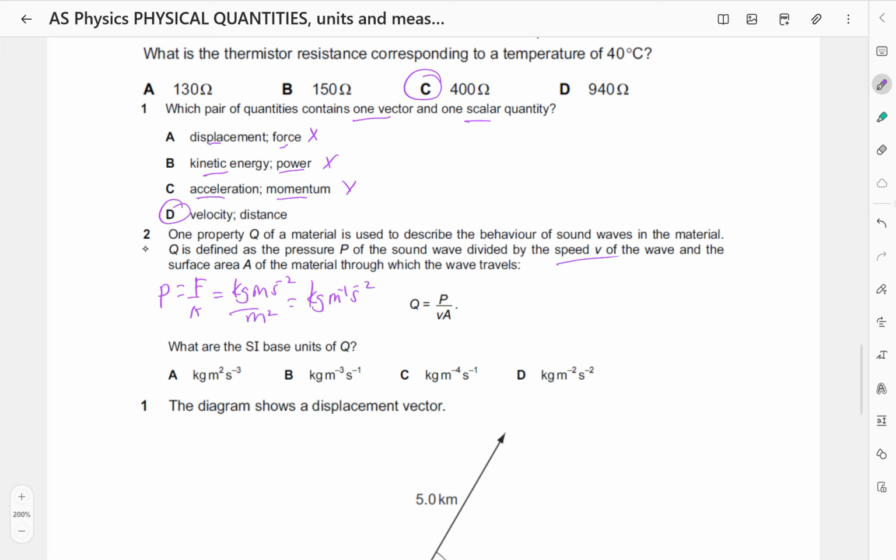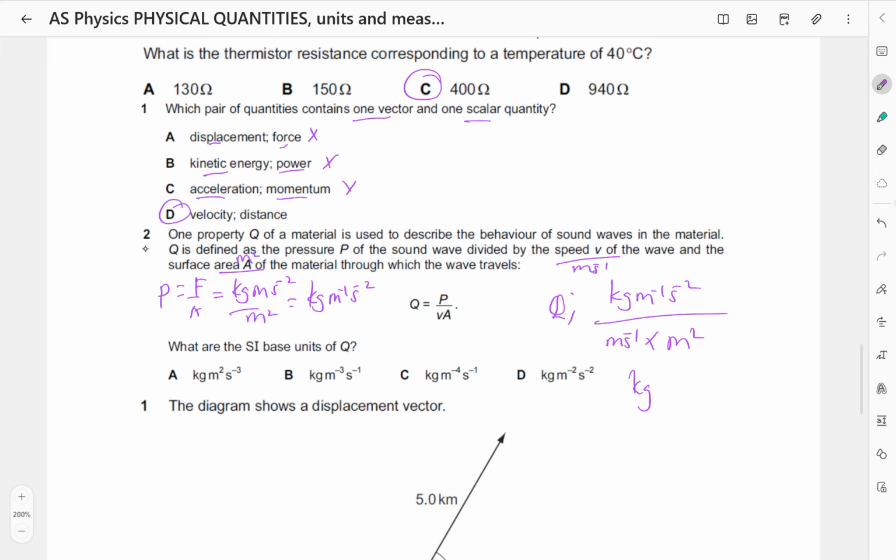Then V is speed, that is meters per second. A is area, which is meters squared. So I'll substitute: the units of Q will be kilogram per meter per second squared divided by V, which is meters per second, times A, which is meters squared. So we simplify this. This will remain with the kilogram in the numerator.